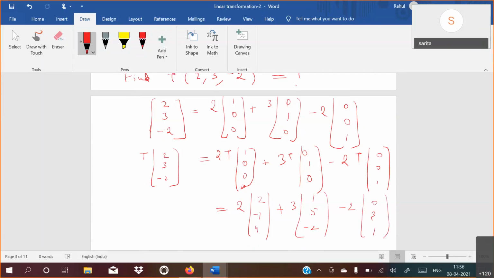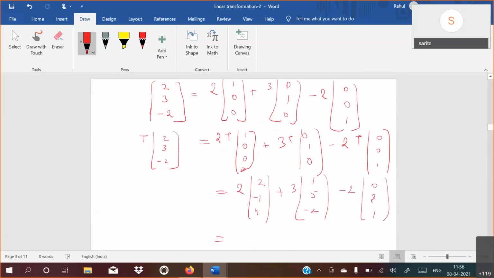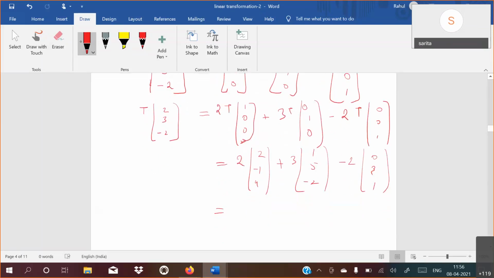Okay, so now what is the answer for T(2,3,-2)? What is the value? 7, 7, 0. Yeah, (7,7,0).